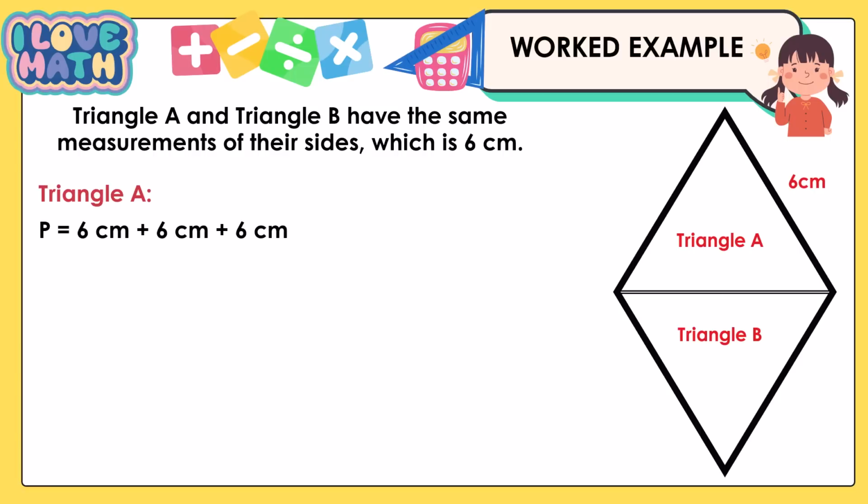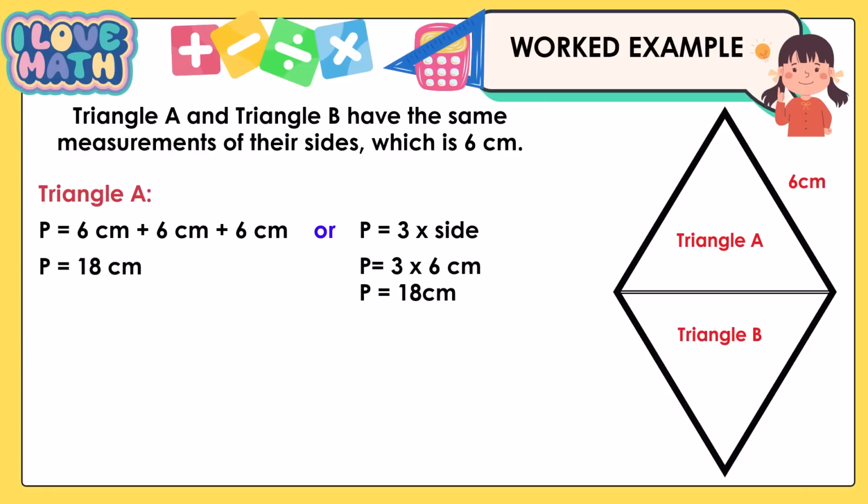Triangle A, P equals 6 centimeters plus 6 centimeters plus 6 centimeters, or P equals 3 times side. P is equal to 18 centimeters, or P equals 3 times 6 centimeters equals 18 centimeters.